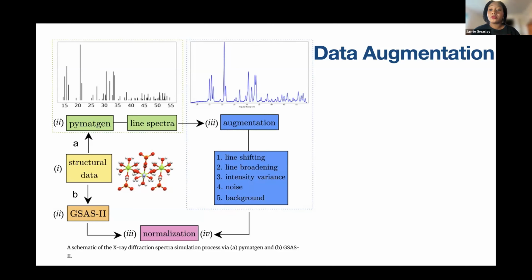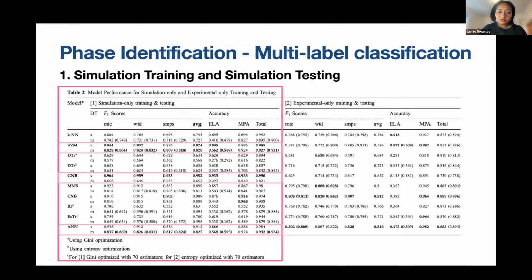We include a background polynomial, which represents if there's some amorphous content rather than crystalline, and then some random noise. The other approach is using a GSAS2 program to simulate some of the diffraction spectra that are not easily simulated in the other way, like if their peaks are way too broad, for example, and then normalization.